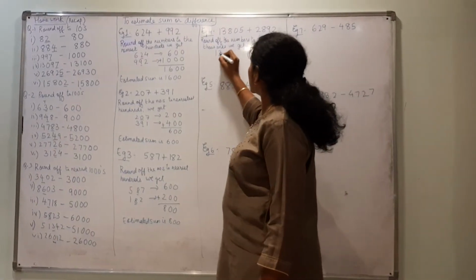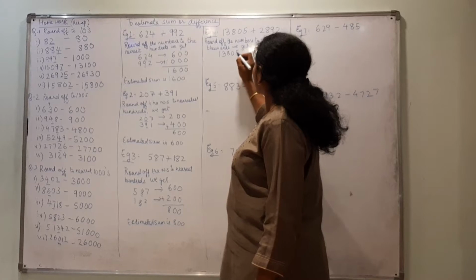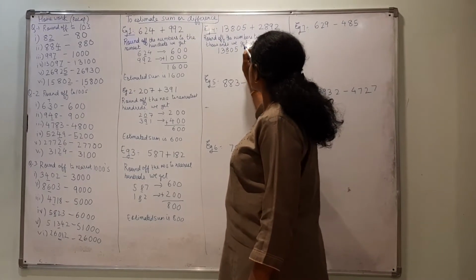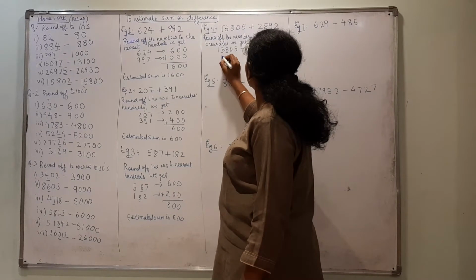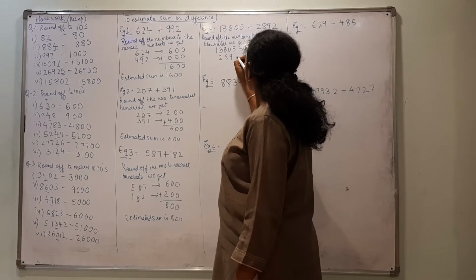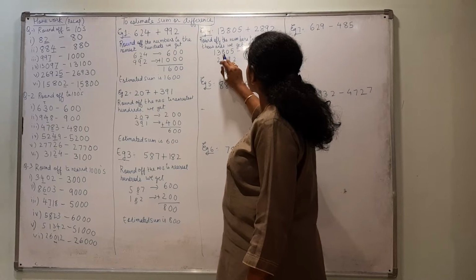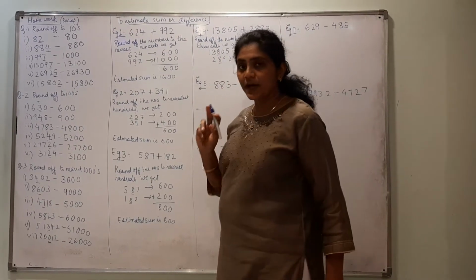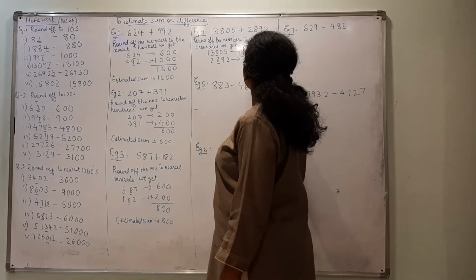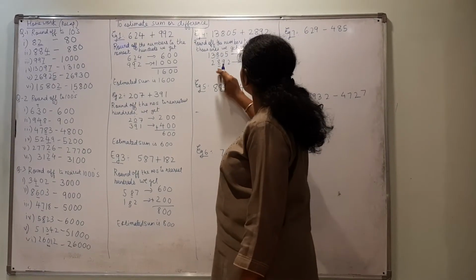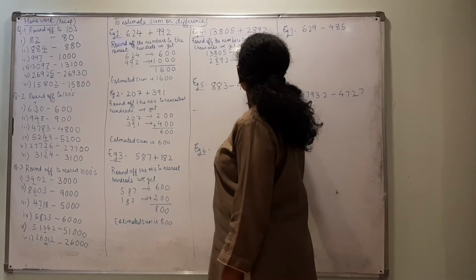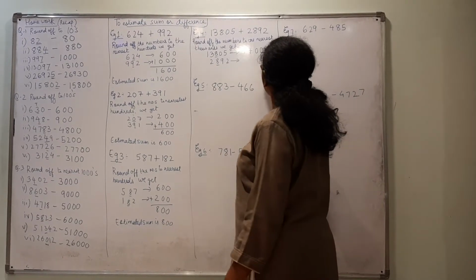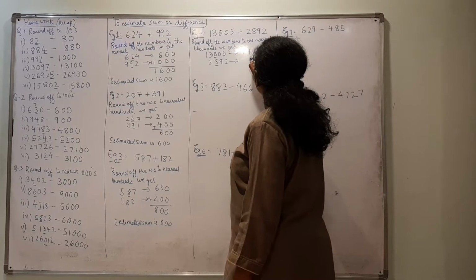So 13805. Again look at the hundreds place. Here 2, 8, 9, 1, 10 hundreds. So we will round off this. Greater than 5, I will add 1 to it. Greater than 8, greater than 5, again I will add 1 to 8.